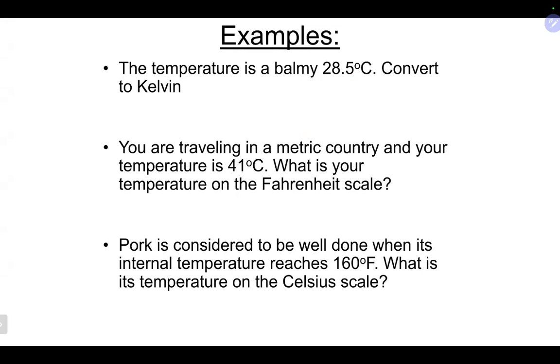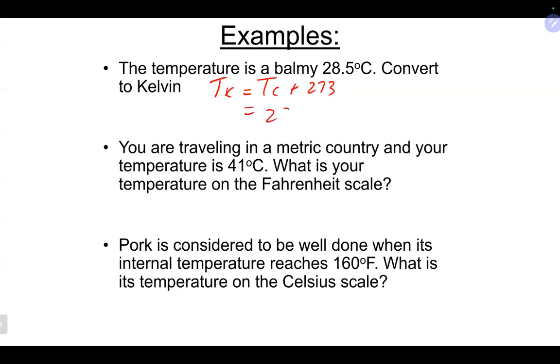Okay, let's take a look and kind of see how we're doing. So we'll start with the first one. We basically have 28.5 degrees Celsius. We want to convert it to Kelvin. So our temperature in Kelvin is equal to our temperature in Celsius plus 273.